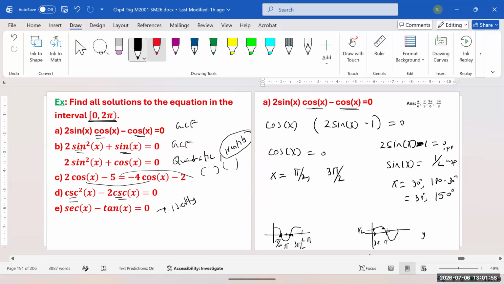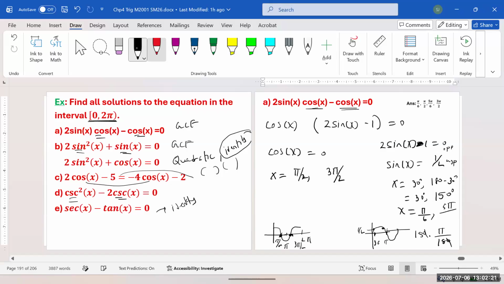But the answer must be in radians. So convert. 30 degrees is simpler. It's pi over 6. And 150, I have to calculate actually. 180 over pi, this cancels out. We have 3.